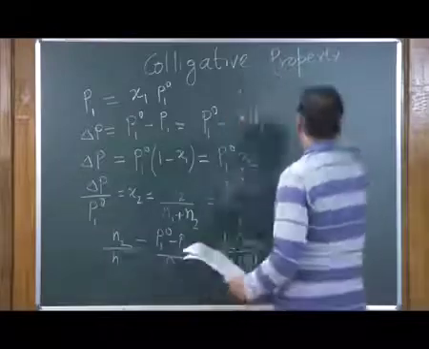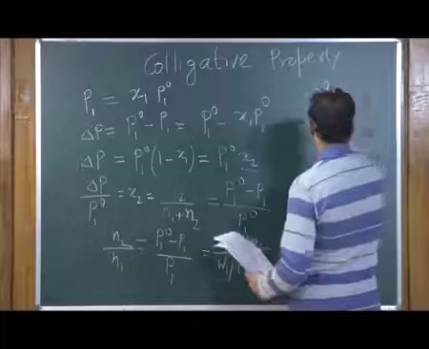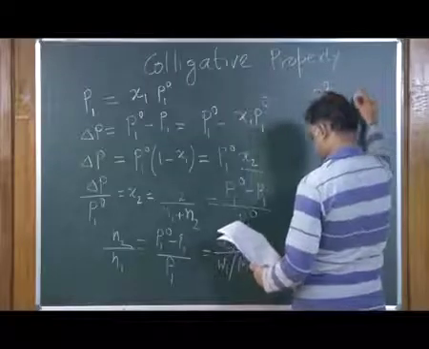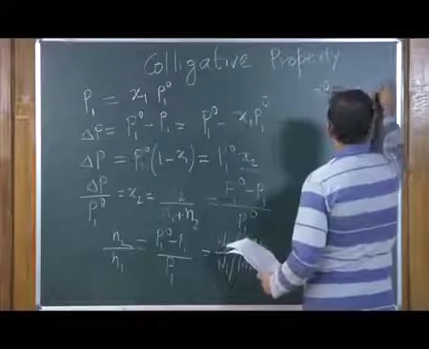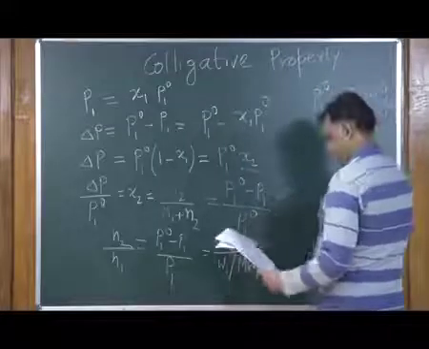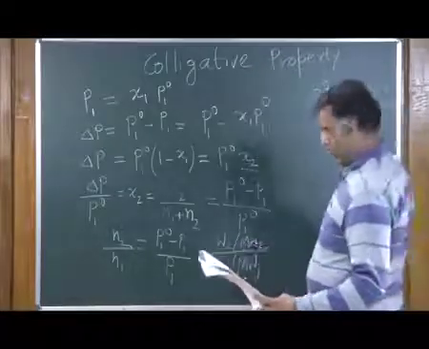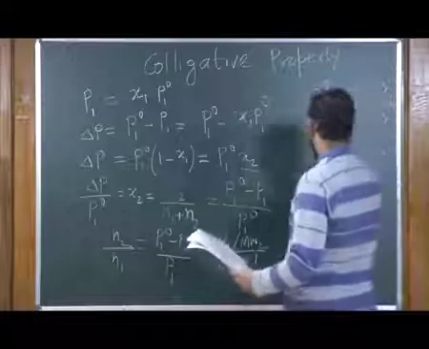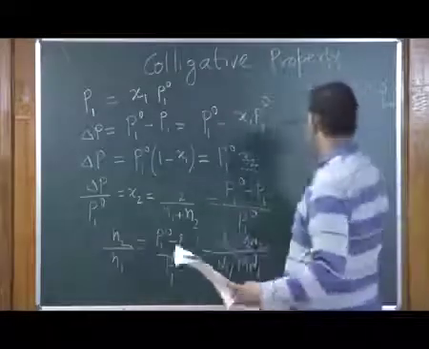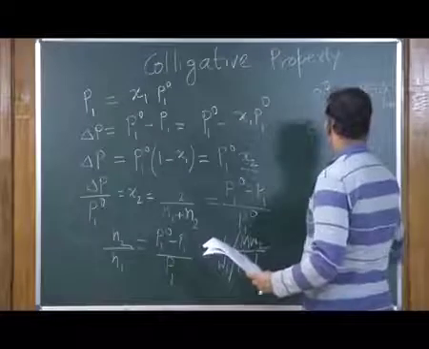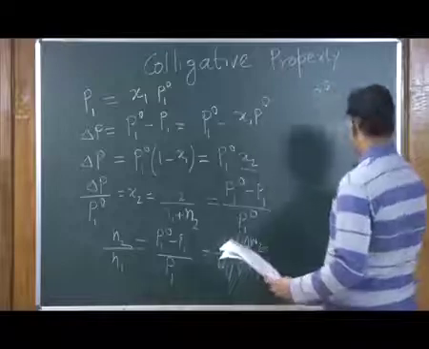So for benzene we are given the vapor pressure of pure benzene, that is P1⁰, at a certain temperature as 0.850 bar. A non-volatile, non-electrolyte solid weighing 0.5 gram. We do not know what solute this is. We are adding 0.5 gram of this solute to the benzene. Now, how much benzene? 39 gram of benzene.